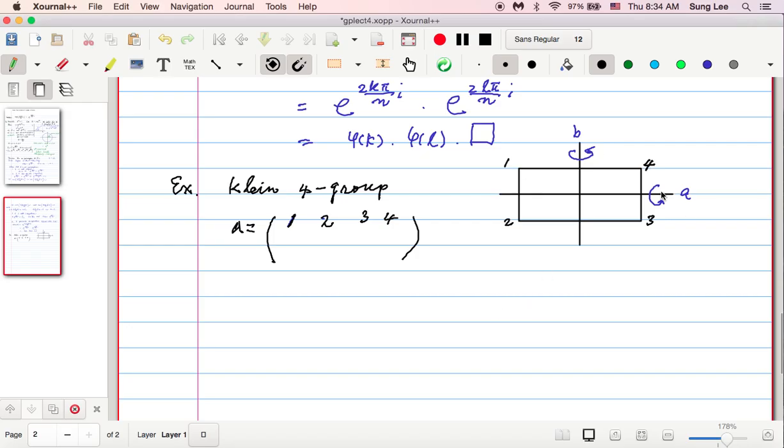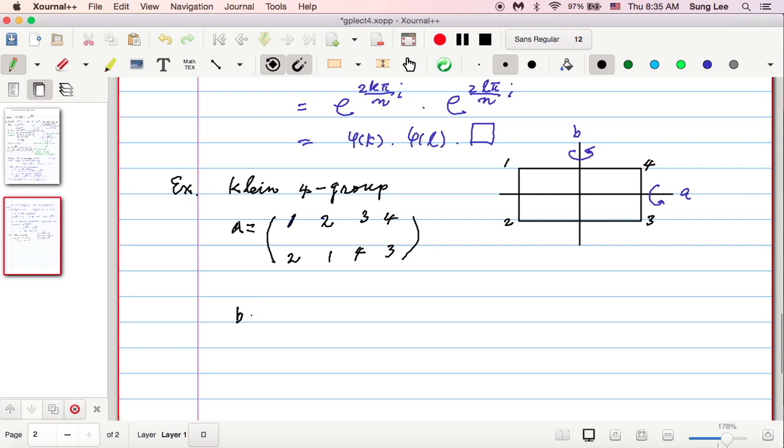When you rotate about the x-axis by 180 degrees, 1 goes to 2, and 2 goes to 1, 4 goes to 3, and 3 goes to 4. So we get 2, 1, 4, 3.